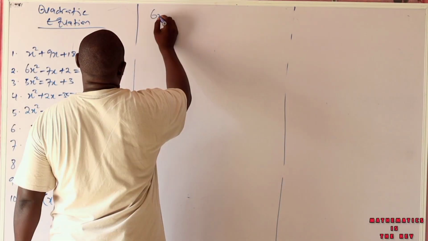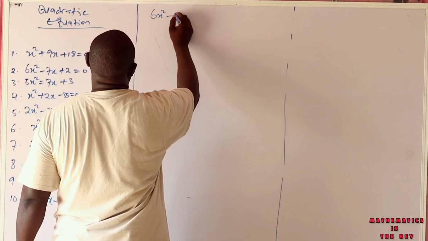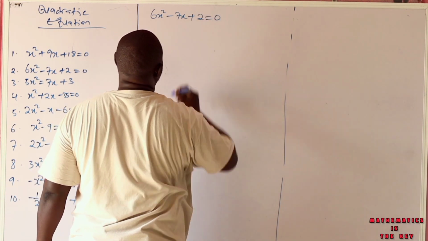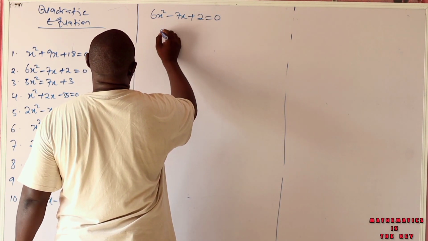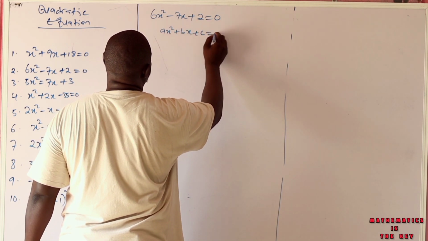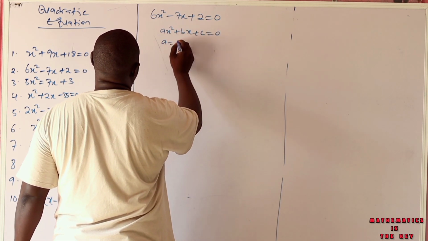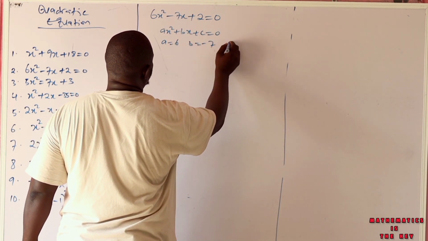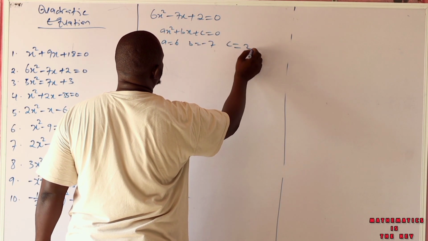This example gives us 6x squared minus 7x plus 2 is equal to 0. Comparing with the general form, ax squared plus bx plus c is equal to 0, a is equal to 6, b is equal to minus 7 and c is equal to 2.